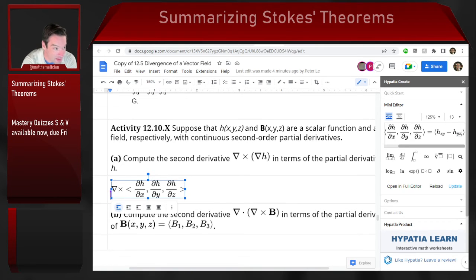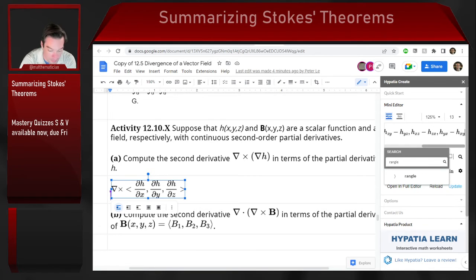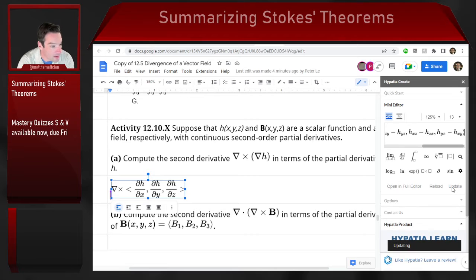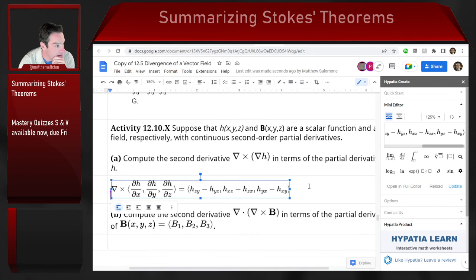The second component ends up being the z derivative of the x derivative, so h_xz, minus the x partial derivative of the z partial derivative, so h_zx. And the third component is h_yx minus h_xy. So that when I do out that curl, what I get is something that looks like this.